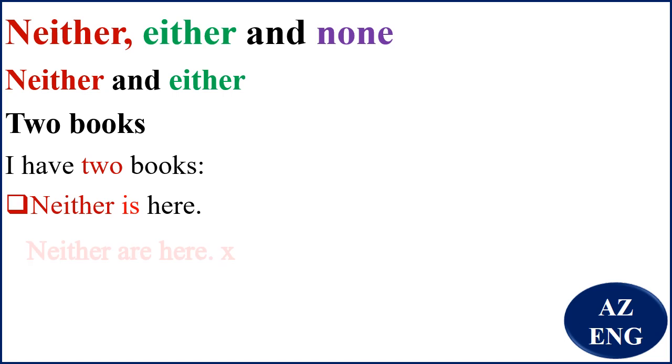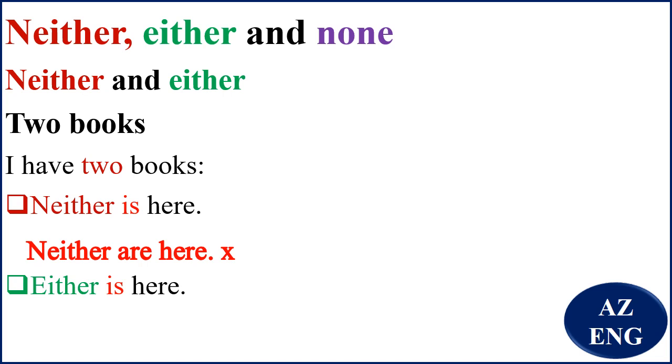So you can say neither is here. It has to be neither is. The same thing, either is here. But you don't say either are here. Good.